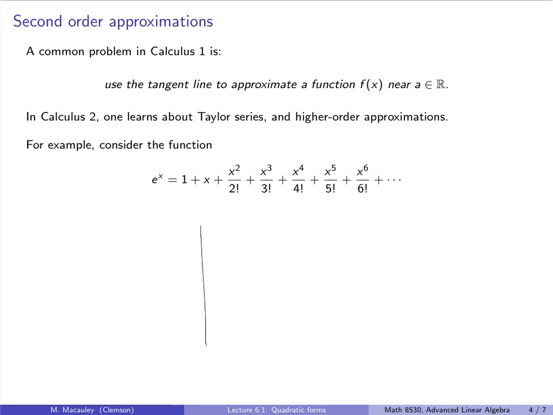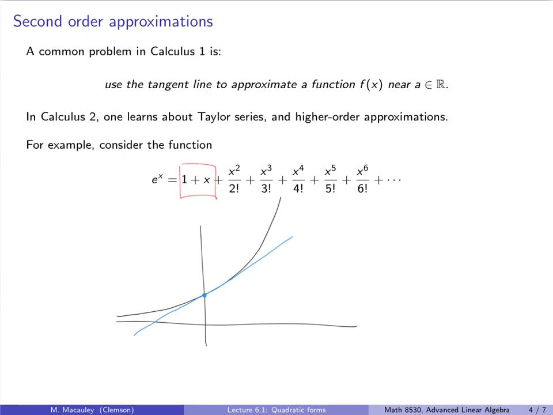If you were to use the tangent line to approximate this function, so of course e to the x looks like this, at say 0, then this line is 1 plus x. You are literally taking the Taylor series and truncating it after the degree 1 term.